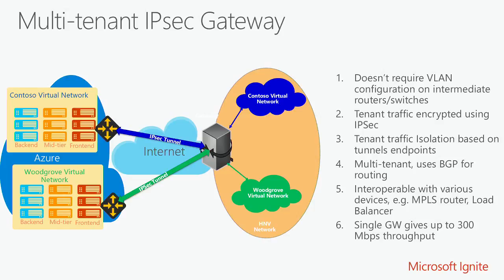In that scenario, this is going over the public internet, and you can establish an IPsec tunnel from the respective tenant's VNet in Azure, and then terminate that into the multi-tenant gateway, and then extend that to the respective tenant VNet inside Azure Stack. This is the default out-of-the-box option for the site-to-site connection in Azure Stack.